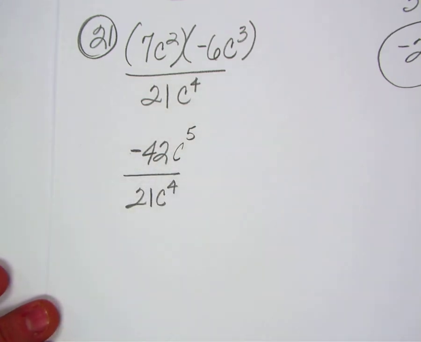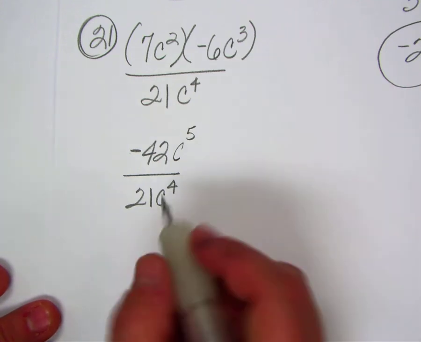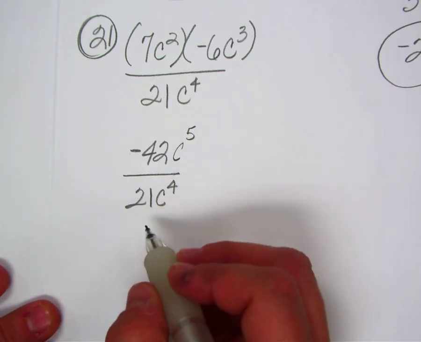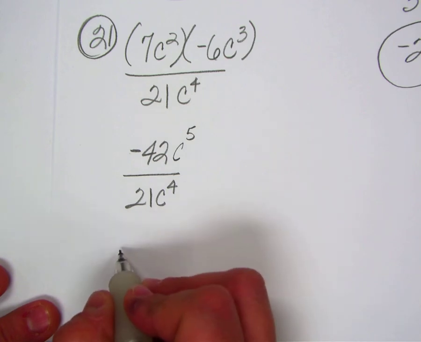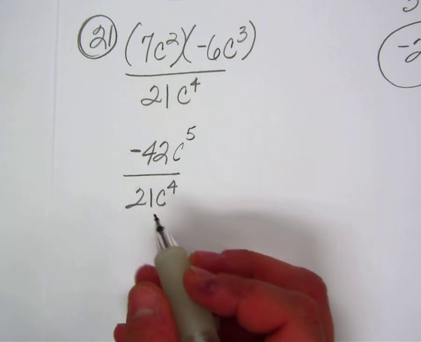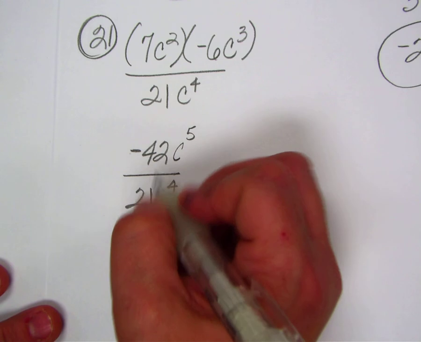And what I did is, because both of them go into 7, negative 42 goes into 7 negative 6 times. And then 21, 7 goes into 21 3 times. So you reduce these by 7.